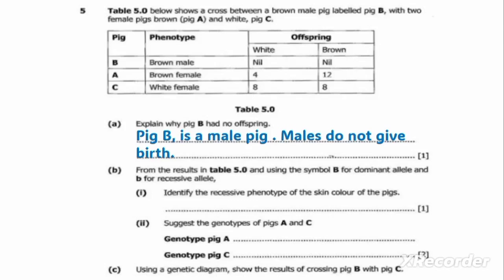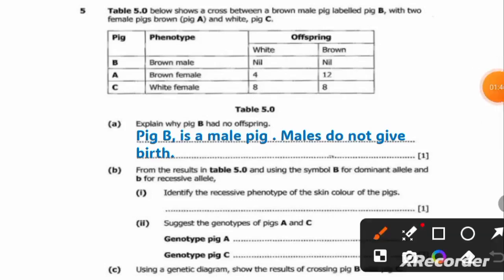To identify the recessive phenotype, we make use of the number of offspring given. Here we have 4 and 12, so we come up with the ratio, and this ratio will help us know which one is recessive. The ratio will be 1 to 3.